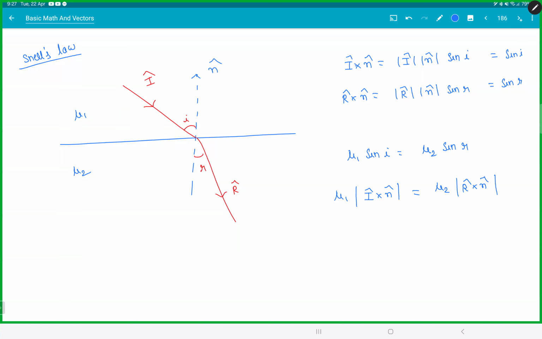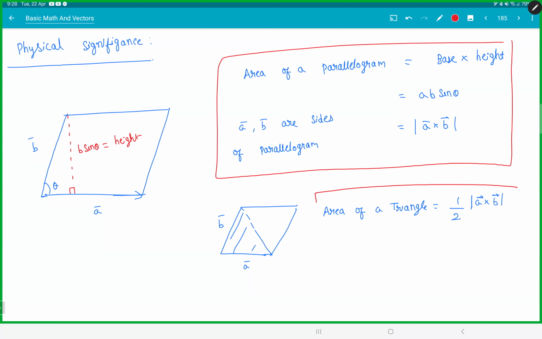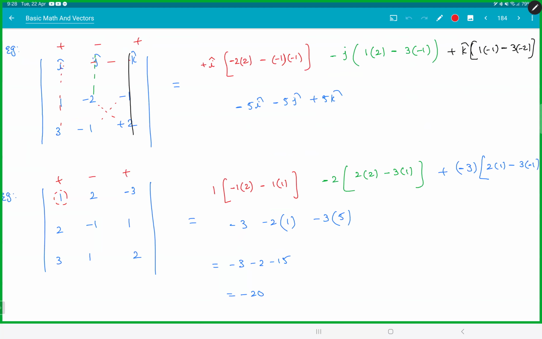Clear, everyone? So these are the important ones. That is the whole theory of vector cross product actually. Any doubts on this? But everyone clear how to do a 3 into 3 determinant, right?